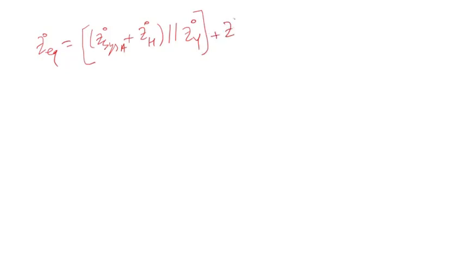Then you just add to it the zero sequence of X. If you want to know how I came up with this equation, I recommend going back to the previous videos. This entire thing is in parallel with the zero sequence of system B.